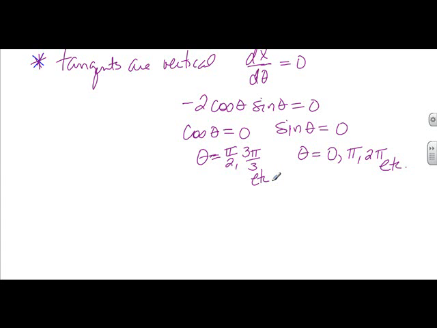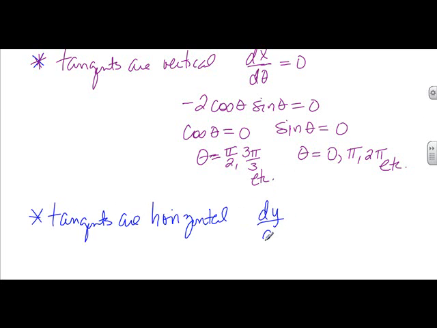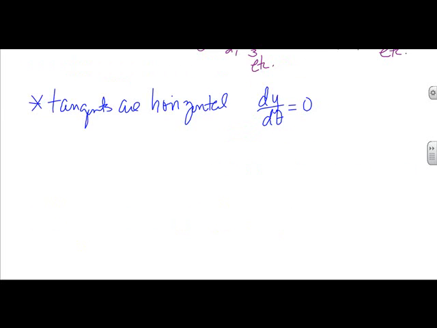Tangents are horizontal when dy over d theta is equal to 0. So the numerator of our slope formula was cosine squared theta minus sine squared theta when I reduced it. Set that equal to 0.